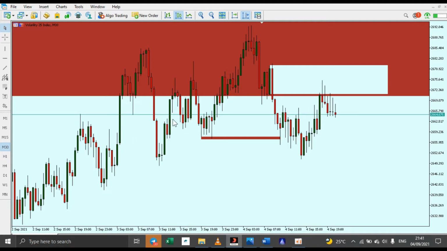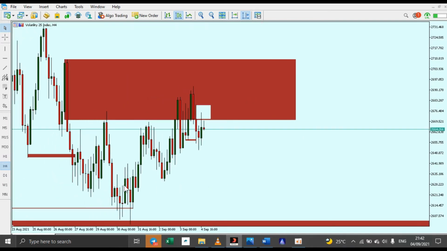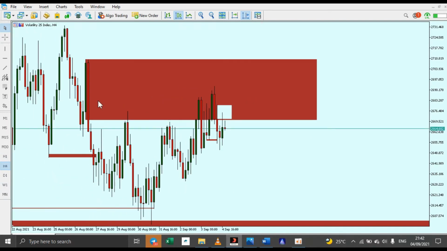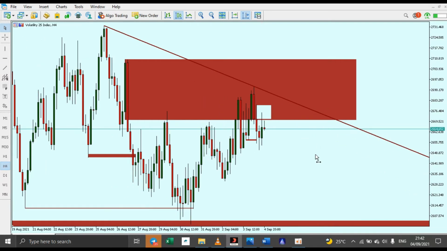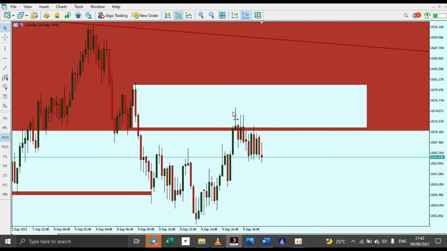Okay, there's no trend line, so let's see if we can get a trend line here. Yeah, we can get a trend line here. So if we have a third touch, then good for us, but if we don't, we look forward to better bearish opportunities.